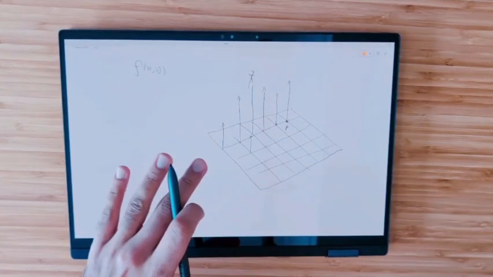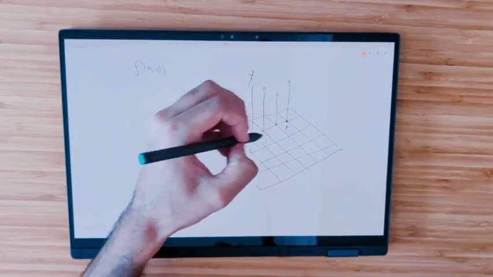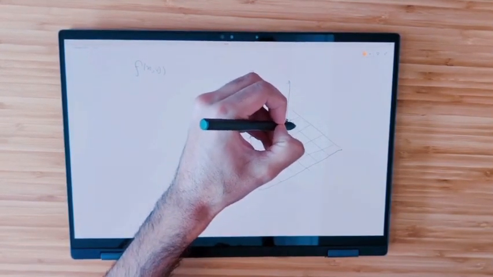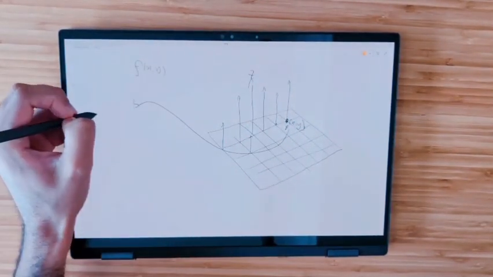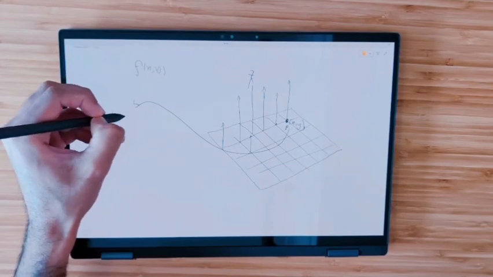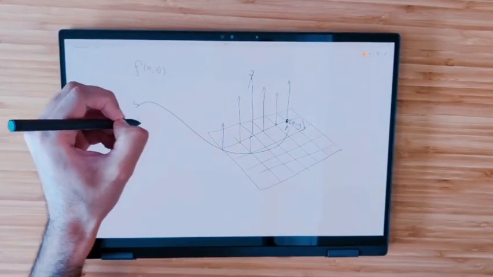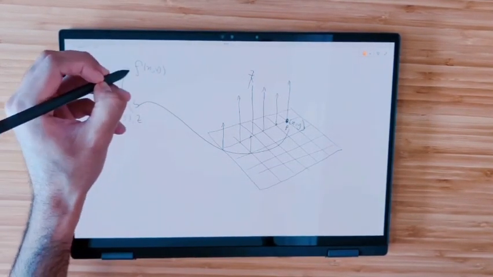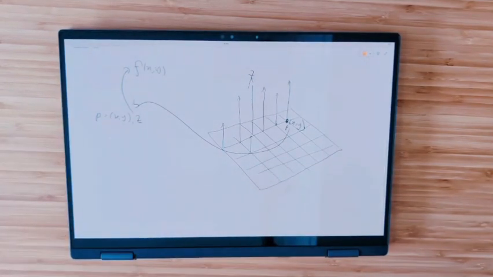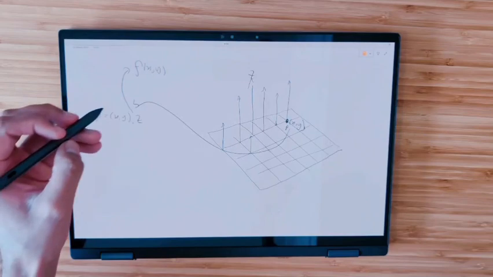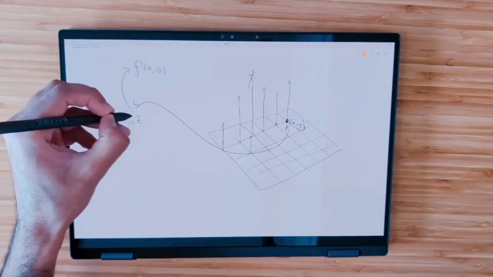What I then did is write a function. For this point P, which is the x and y, we now have this z, which is the height. So I could write a function that would take this x and y.